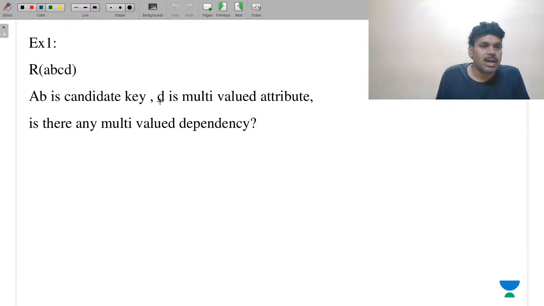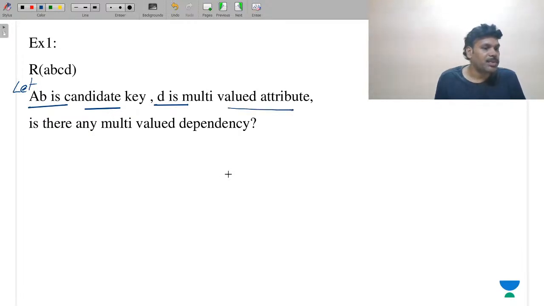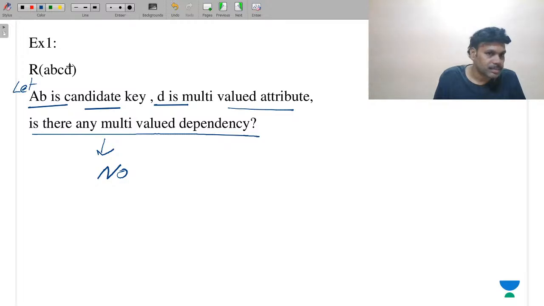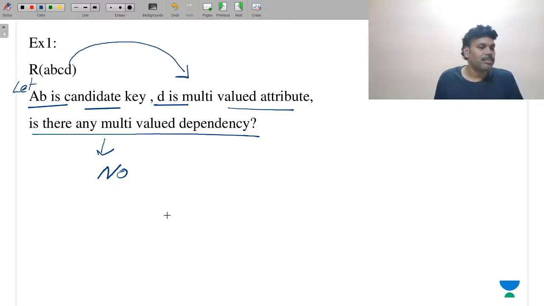Now, let us start a few examples to identify or confirm multi-value dependency. He said that AB is a candidate key, D is a multi-valued attribute. Is there any multi-value dependency? We confirm no. Why? Only D is a multi-valued attribute.